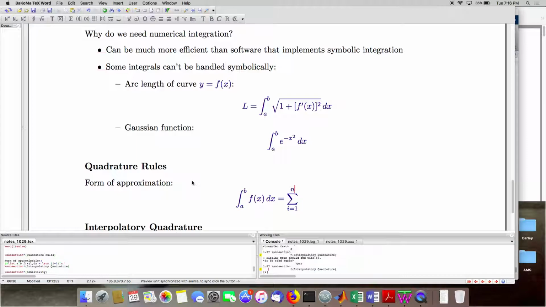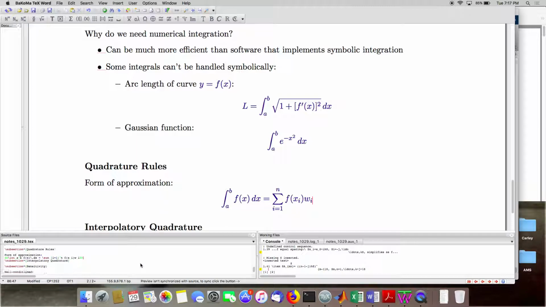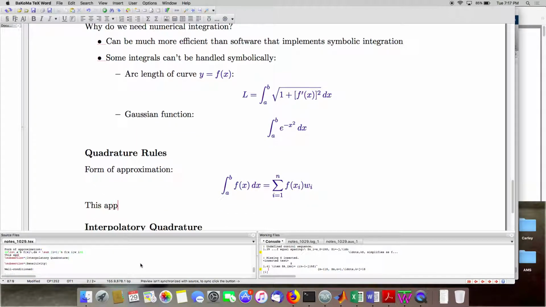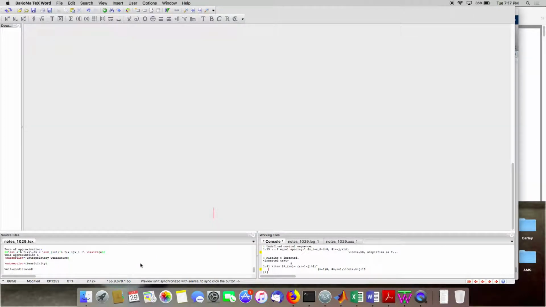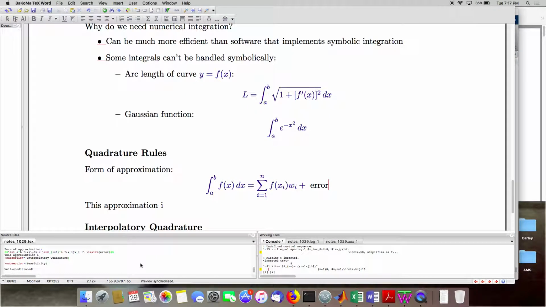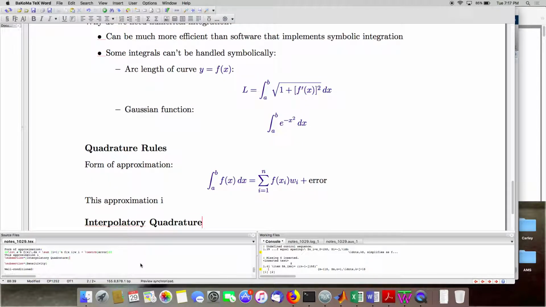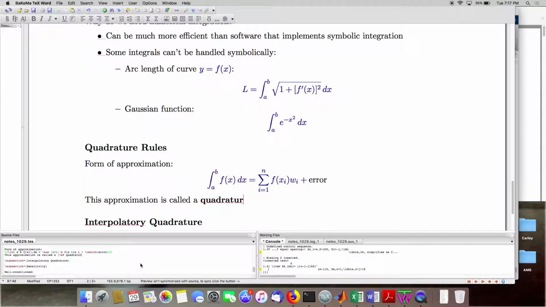Sum from i equals 1 to n of xi wi. Now, this approximation is equal to that, the approximation plus error. So this approximation is called a Quadrature Rule.